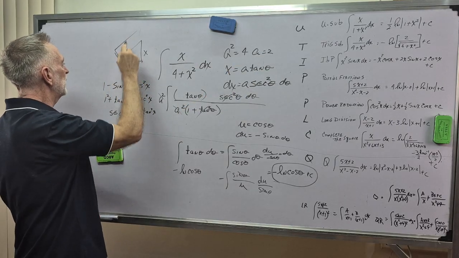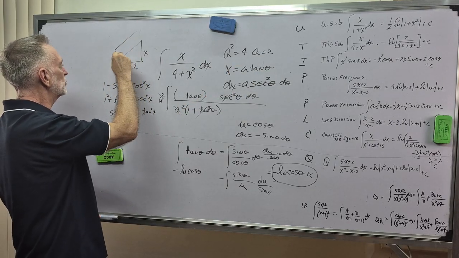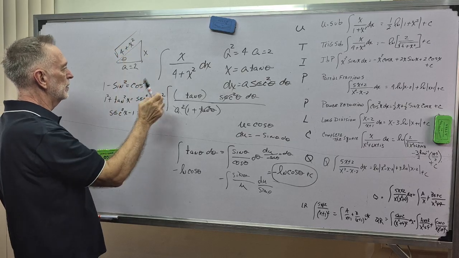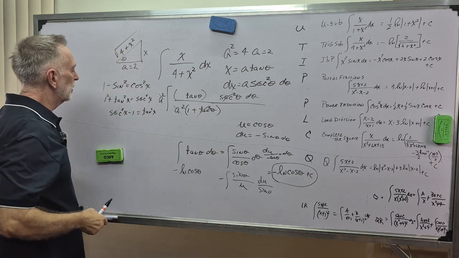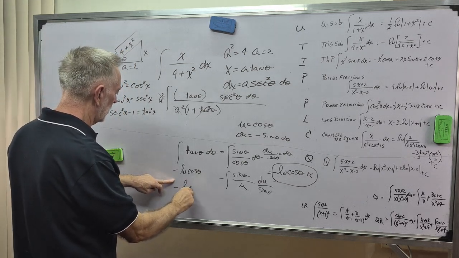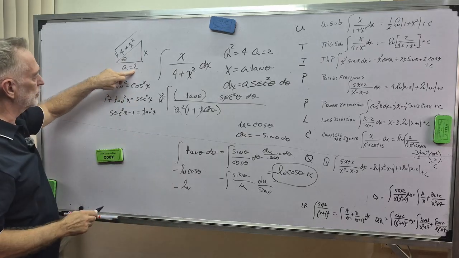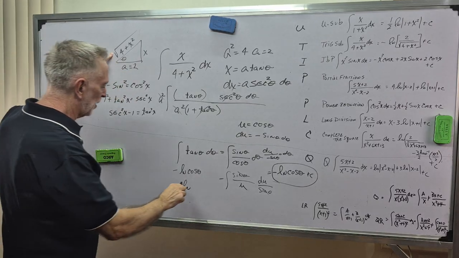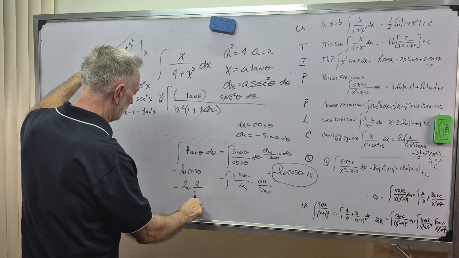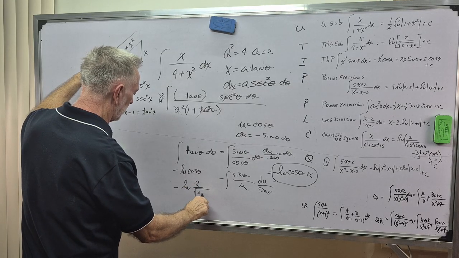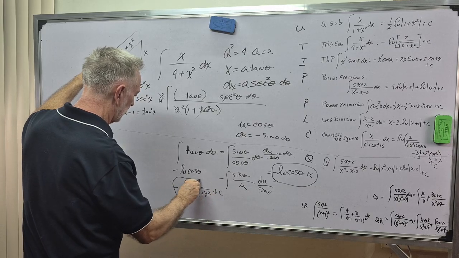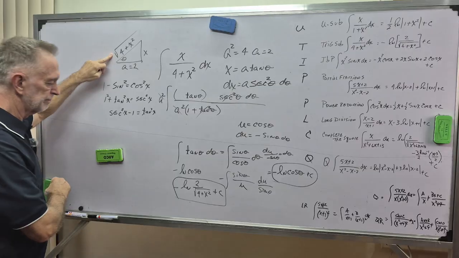So this would be 2 squared plus x squared. So 2 squared is 4 plus x squared. Hey, that looks familiar. Okay, so now minus natural log of cosine, which is adjacent over hypotenuse. So that's 2 divided by square root of 4 plus x squared. Now plus c.